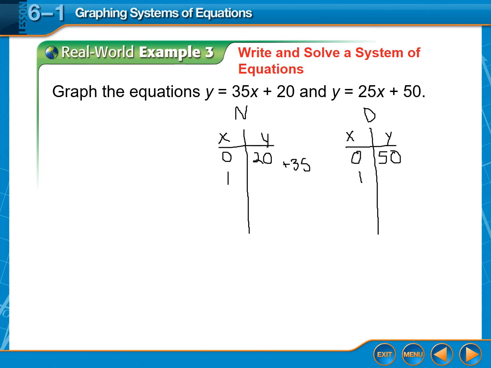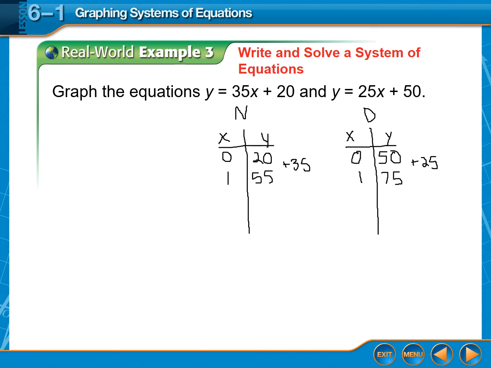So if he had 20 and he rode another 35, he's up to a total of 55 miles. Diego over here, he increased his total amount by adding 25 miles to his total. So he started at 50, added 25 to it, so now Diego is at a total of 75 miles.